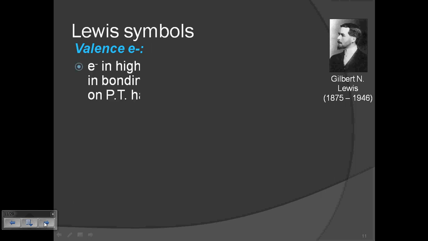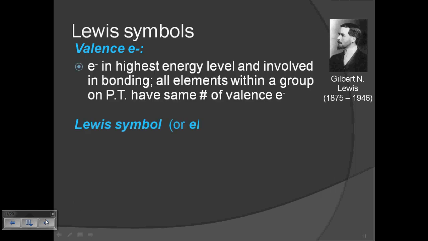Now let's talk about Lewis symbols and clarify our concept of valence electrons. Valence electrons, again, to repeat, are the electrons in the highest energy level that are involved in bonding. All elements in a group have the same number of valence electrons.